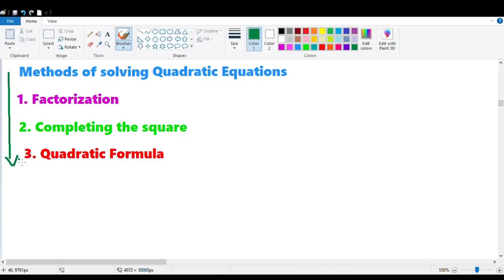And factorization is also very easy, but the only thing about factorization is that it's not always solvable, meaning not all questions can be solved by it. So sometimes it won't work for some quadratic equations. That's the only drawback to factorization, but other than that, factorization is pretty easy. And completing the square, you can't say it's complex.